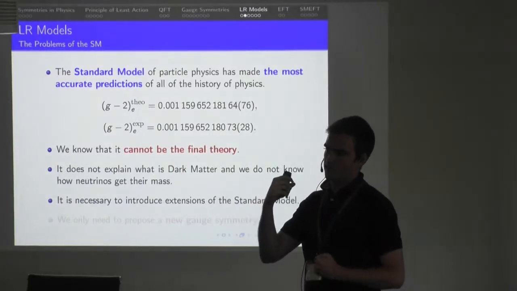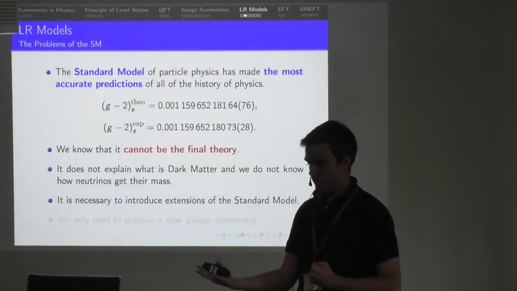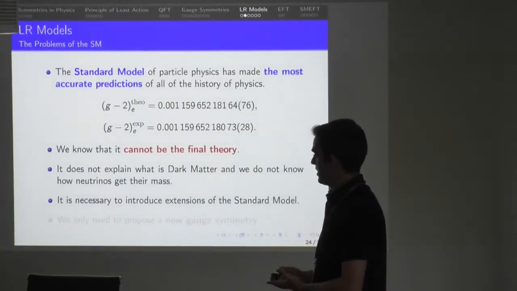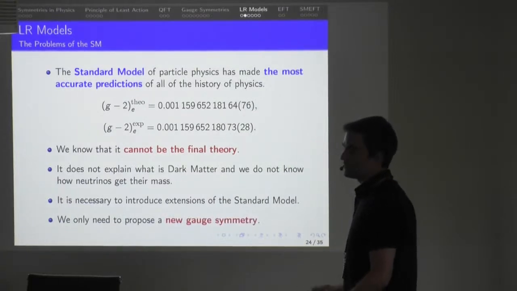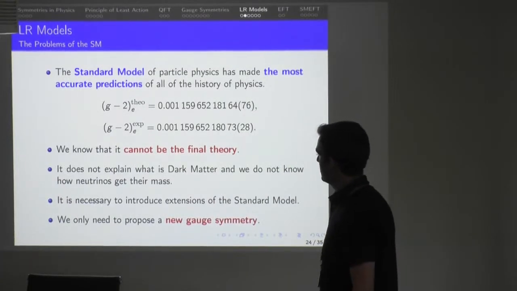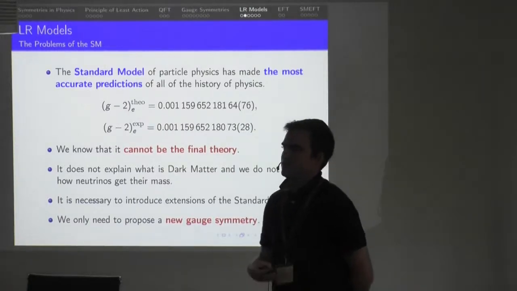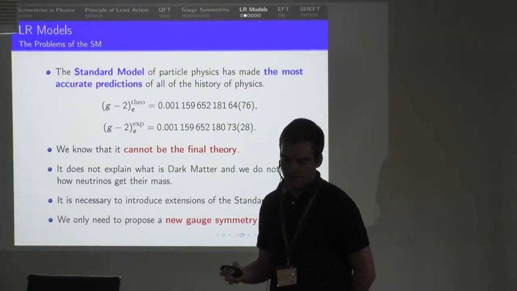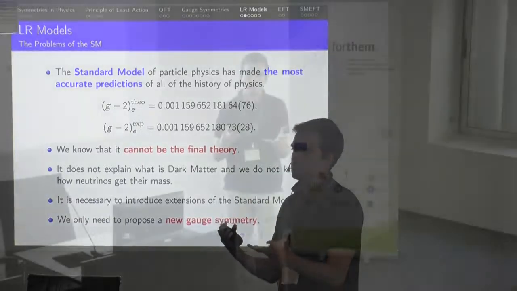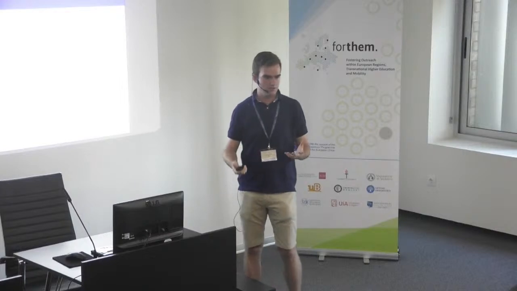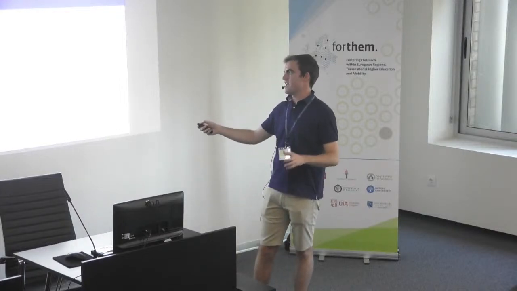Then we need, for example, new particles and new interactions. And how do we get new interactions? Using a new gauge symmetry. And if you want a good extension of the standard model, you'd better use a gauge symmetry that, in a certain sense, seems intuitive or natural for us. And this is the case with the left-right symmetry.